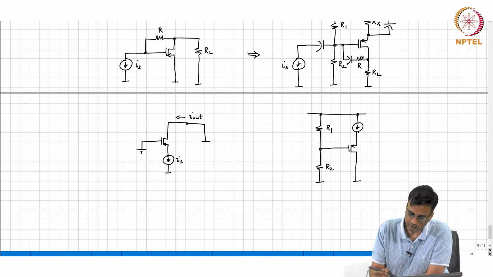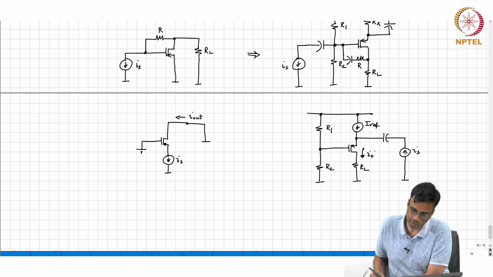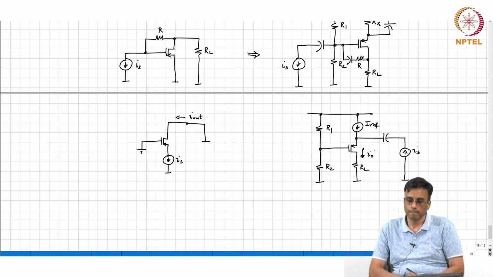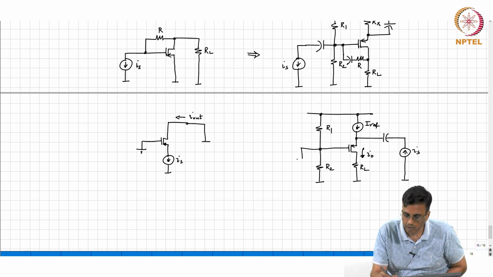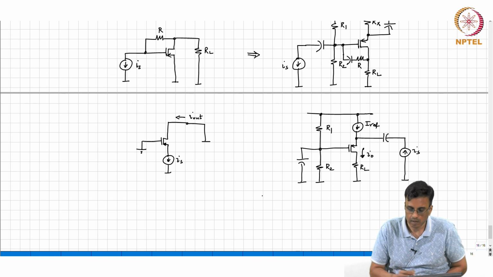For example, like this. So, this is IREF, this is IS, some RL here, and this incremental current is IO, which is the same as IS, and the gate must be grounded. Put the large capacitor here.